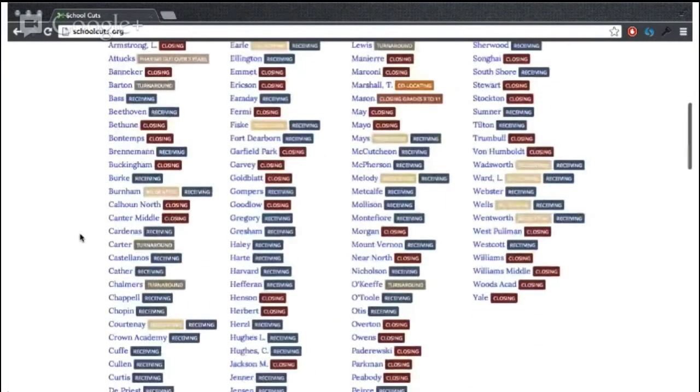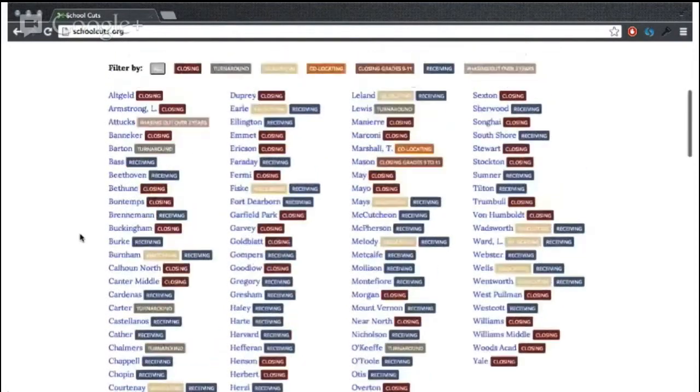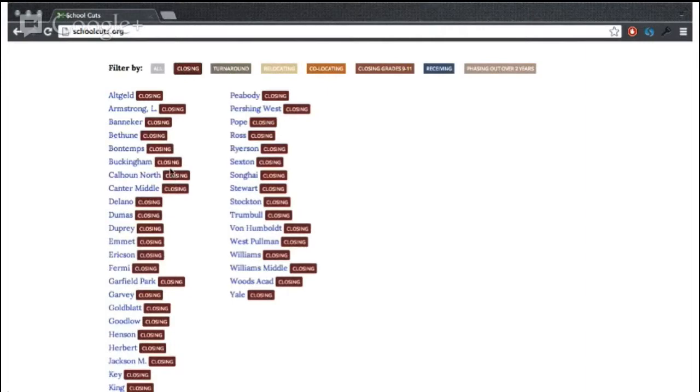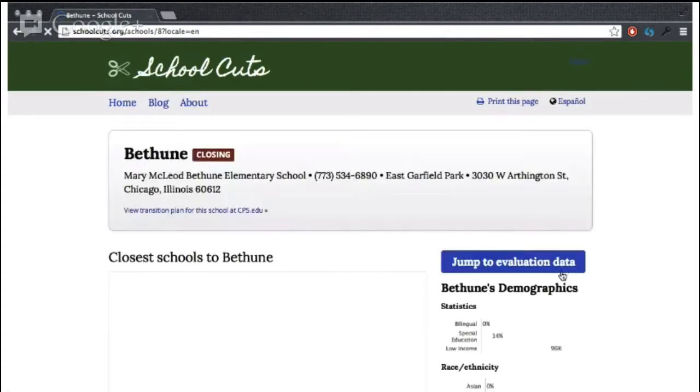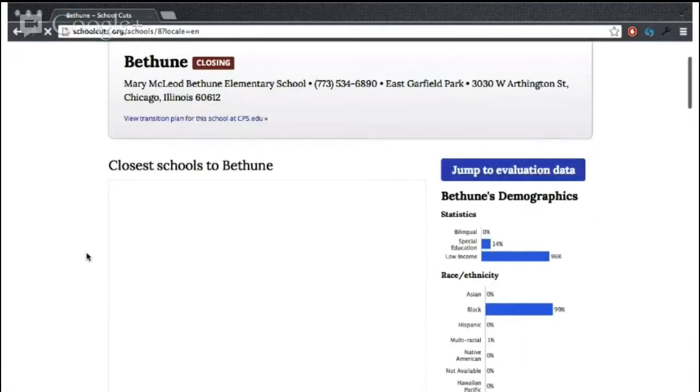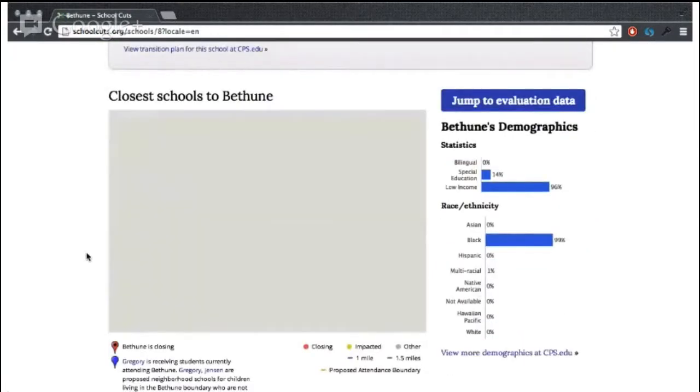So if we could click on maybe one of the closings, you can actually filter by the different type of action being taken. If you could just pick one of those to click on. So for a parent at Bethune, we start out by showing them their neighborhood. So this is something that they would be familiar with. The dot in the middle shows their school. In this case, it's being slated for closure.